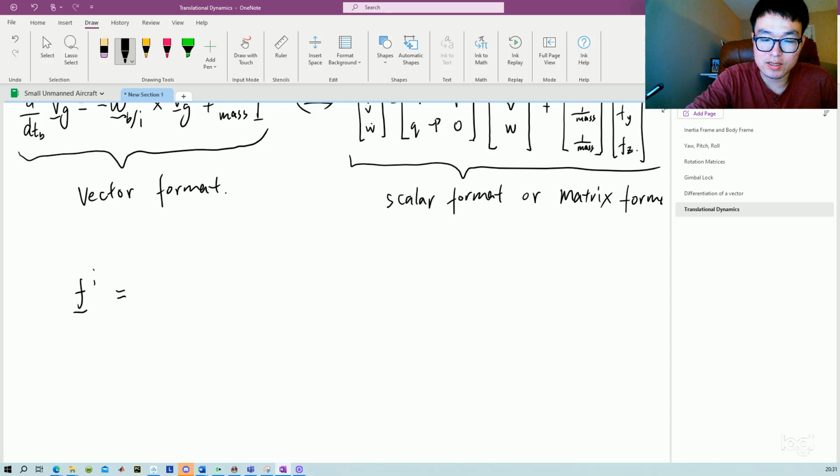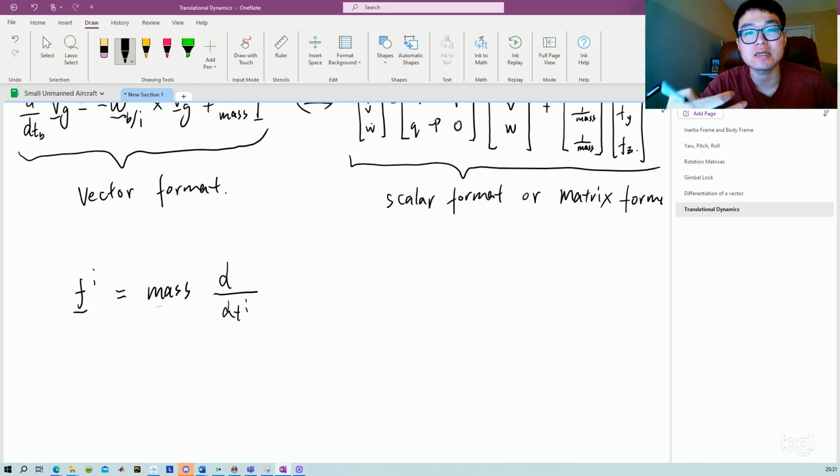That is the Newton's law that most people are familiar with, which equals the mass times the acceleration, and the acceleration itself equals the derivative, in this case with all the quantities in the inertia frame, so the derivative with respect to the inertia frame, of the velocity vector.